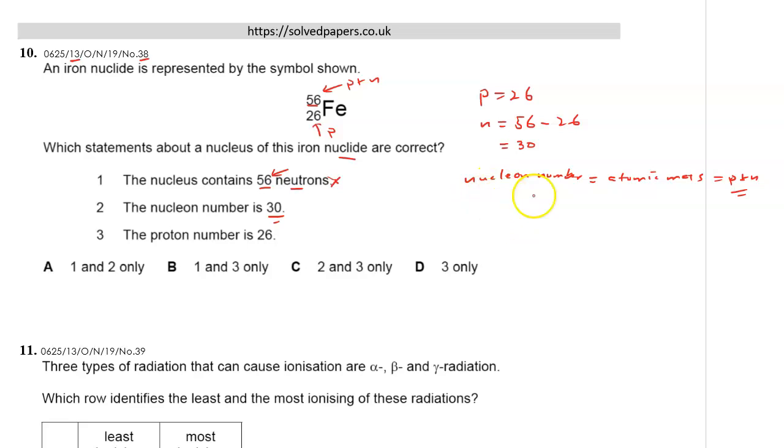So the atomic mass is 56, and therefore the nucleon number is 56, not 30. So that is not correct. The proton number is 26. We have already said that the number of protons is 26, and therefore statement 3 is correct, which means that D is correct.